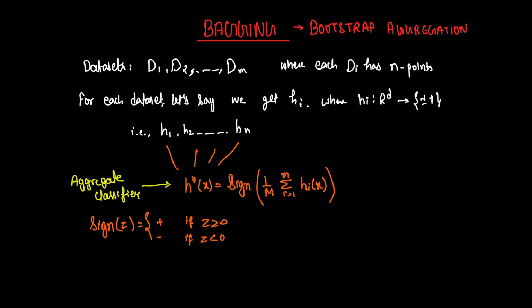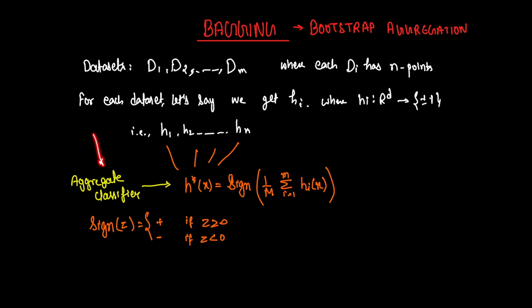For each data set, let's say we have a model Hi, where Hi takes R^d and outputs +1 or -1. That is H1, H2, up to HM for M data sets.